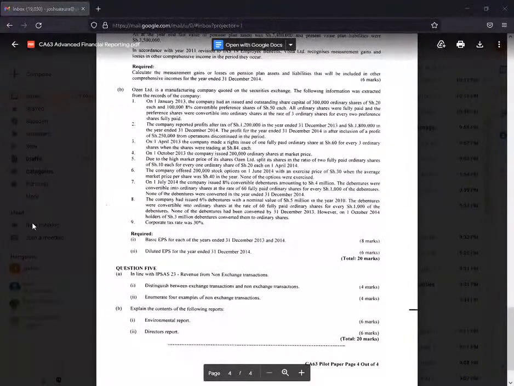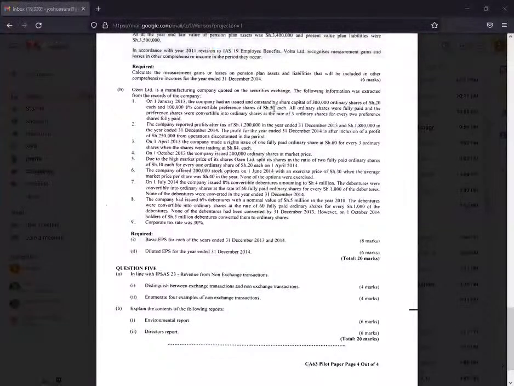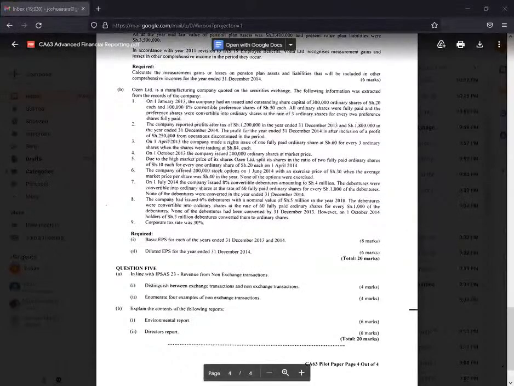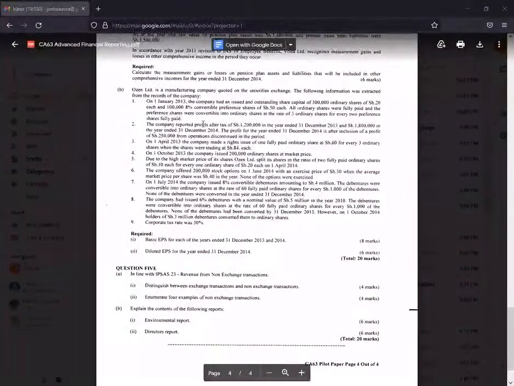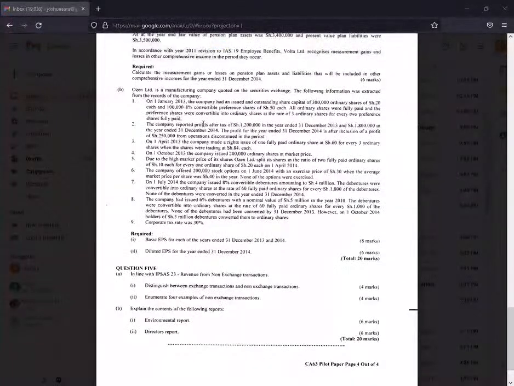On 1st January 2013, the company had issued an outstanding share capital of 300,000 ordinary shares of 20 each and 100,000 8% convertible preference shares of 50 each. All ordinary shares were fully paid and the preference shares were convertible into ordinary shares at the rate of 3 ordinary shares for every 2 preference shares fully paid. But we see we never converted anything, right?